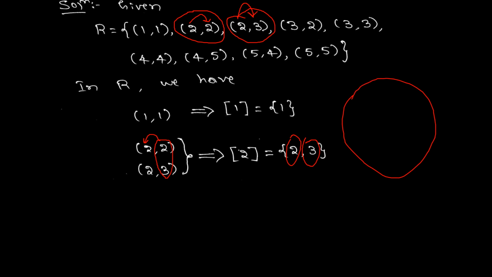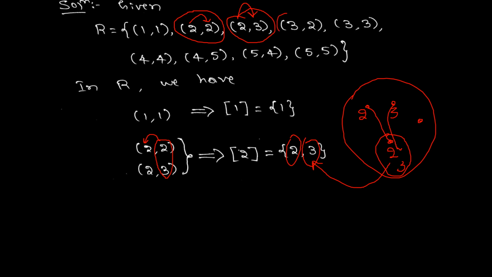In the set A, we fix an element 2 and collect all the elements to which 2 is related. Since we have (2, 2), we take 2 inside the subset, and since we have (2, 3), we take 3 inside. So this equivalence class is {2, 3}, and there is no other element to which 2 is related.